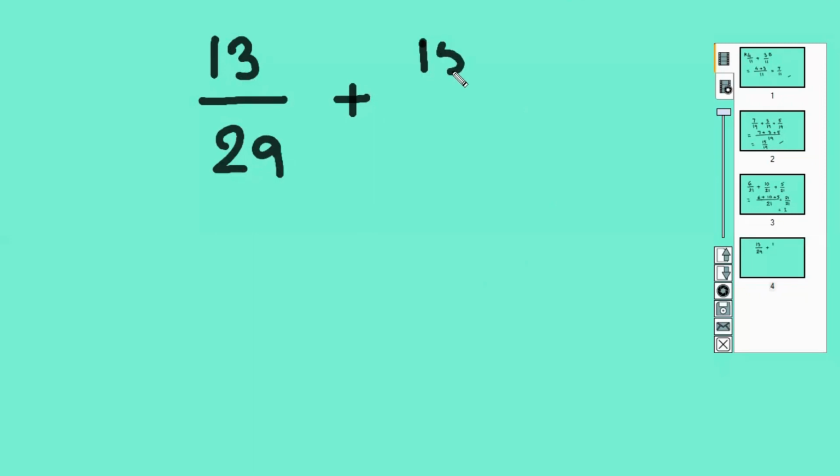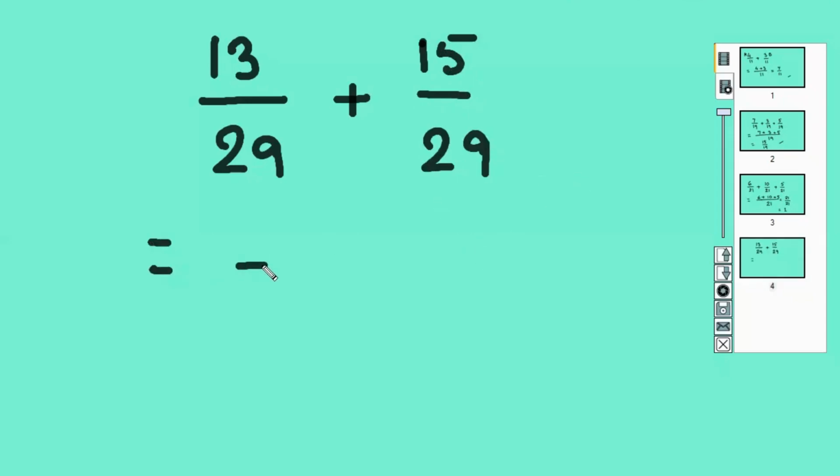The last example, let's take another example, the last one. Say we take 13 out of say 29, and let's take 15 out of 29. So how do we do this sum?